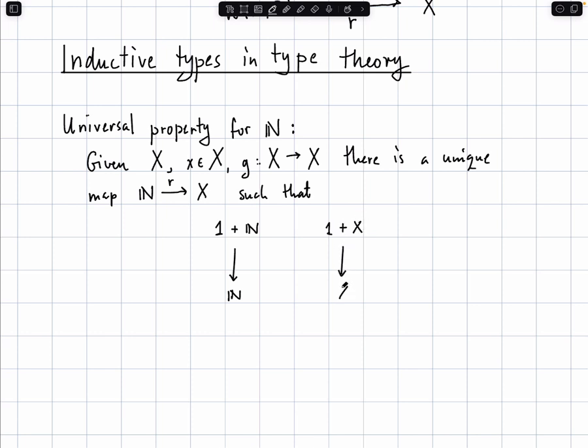And here it's x. And this is the map little x g, the one that is induced by these two. This map is what you would write as 1 plus r. This map here is the map that is induced by 0 and successor. And then this map here is R.